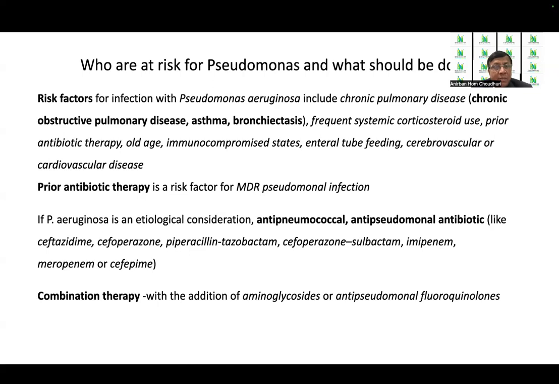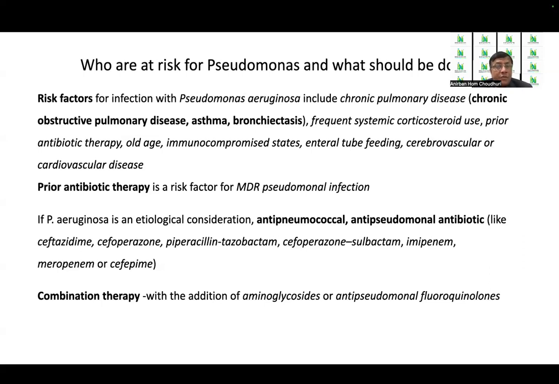Prior antibiotic therapy, old age, immunocompromised states, patients who are fed enterally, or patients with cerebrovascular or cardiovascular disease. So these are the patients who are at risk for pseudomonas, and we have to take adequate caution while choosing the empiric therapy for CAP.